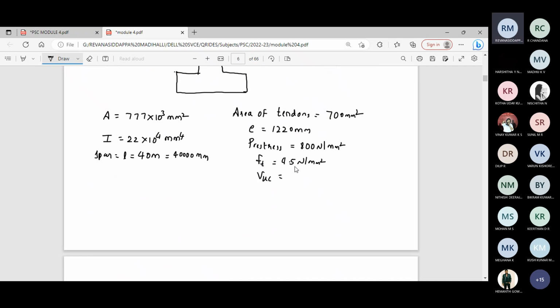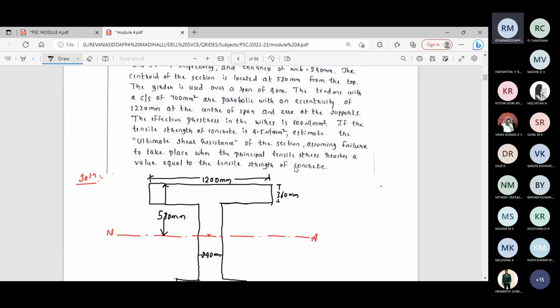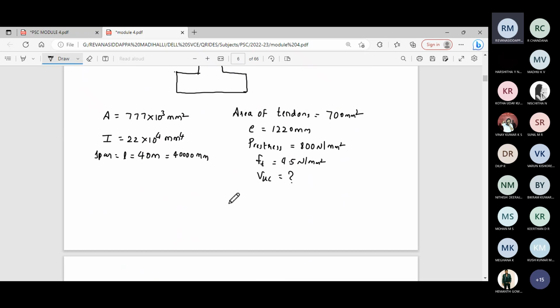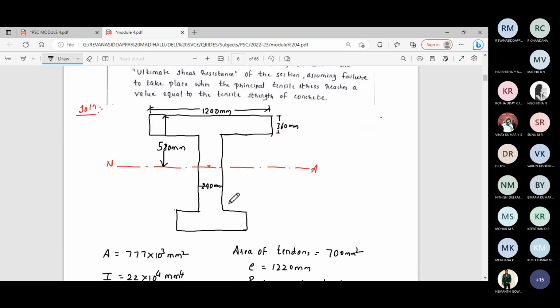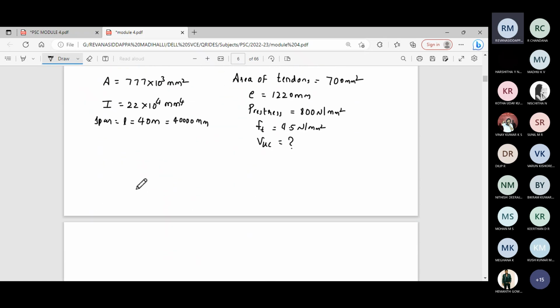Ultimate shear resistance is asked of the section, assuming failure takes place when the principal tensile stress reaches a value equal to the tensile strength of the concrete. To find this ultimate shear resistance, or the ultimate shear force, I have shown you the formula in the beginning.